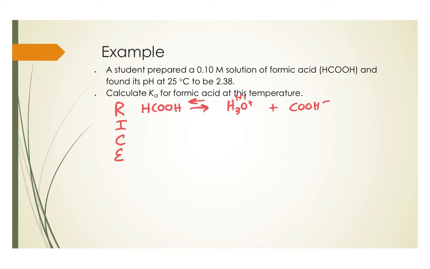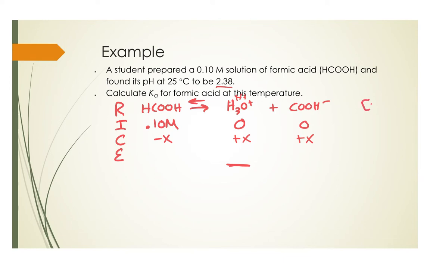Okay, so our initial concentration, they told us the formic acid itself is 0.10 molar, so that's what I put there. We assume we have 0 of those to begin with. By the stoichiometry, this is going to be minus X, this is going to be plus X, this is going to be plus X. And then they also told us that the pH of the solution is 2.38. That allows me to figure out my equilibrium concentration of H3O plus.